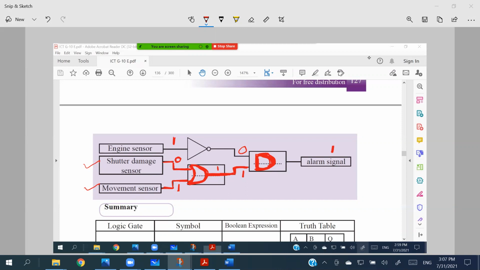Engine sensor, yeah. Ravindu, the engine sensor outputs 1 when the engine is on. Are you getting that? So the engine is giving 1 as its output when it is on.